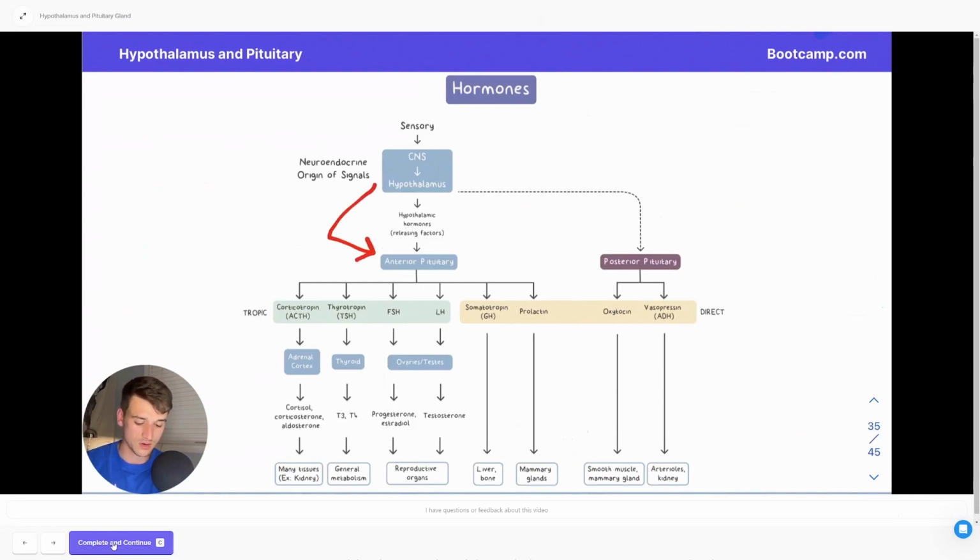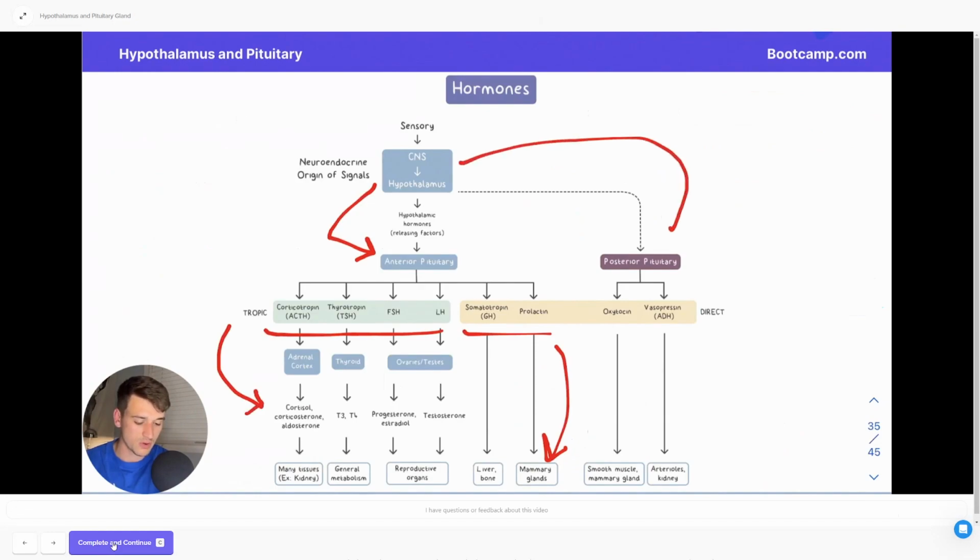We have over here the tropic hormones, and on the right here the direct hormones, which go right on to affect organs, while the tropic hormones seek to affect other endocrine glands. We can also go the direct neural connection route, focusing on the posterior pituitary, which will house hormones produced by the hypothalamus, which we can see here that only have direct functions.